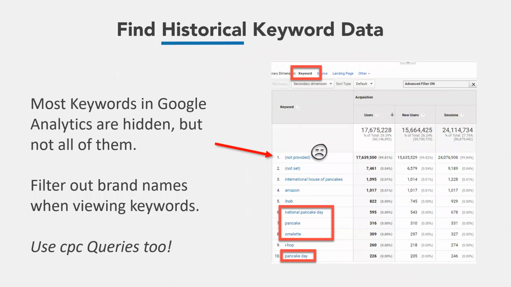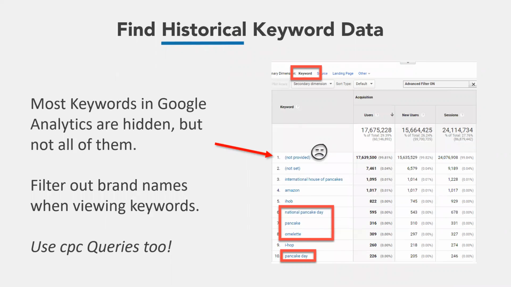But you can still see a lot of that information. So starting with analytics is the best place, I think, to really understand where search engines have shown you for what keywords. Filtering out the brand name, of course. You don't want to have your brand name in here because you're already going to rank for your brand name. If you don't, then you've got bigger problems than getting traffic for non-branded search terms.